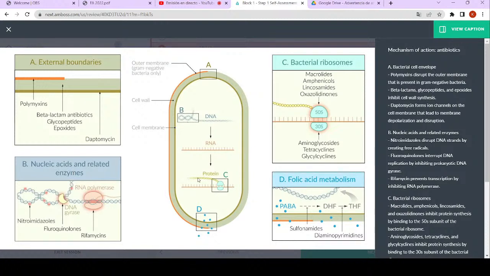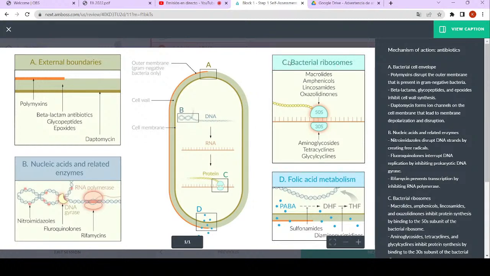Since you have the DNA, RNA, and the protein. So at the beginning, nitroimidazoles, then fluoroquinolones in the DNA gyrase, and rifamycins, as we reviewed, in the RNA polymerase.